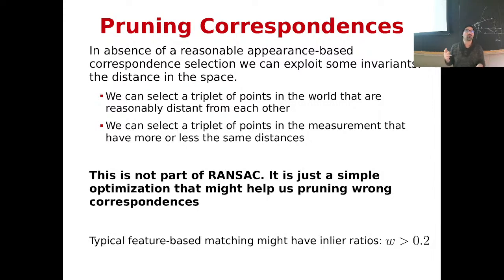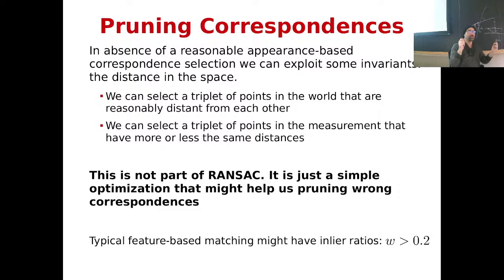Clear? I want to reduce the number of large trials. So what I could do is start selecting, as I said before, triplets of points that make sense, so to say. If from the first point cloud I pick a triplet of points, I could select them based on some criteria.